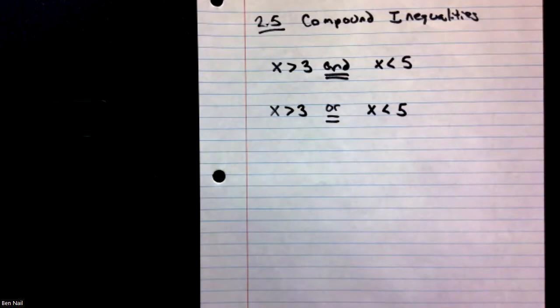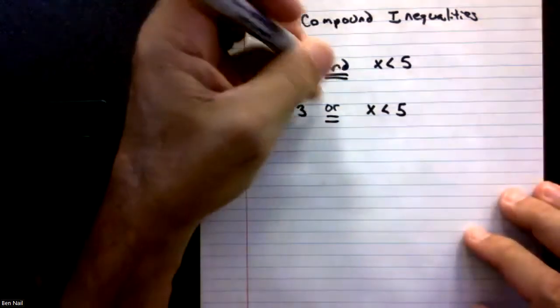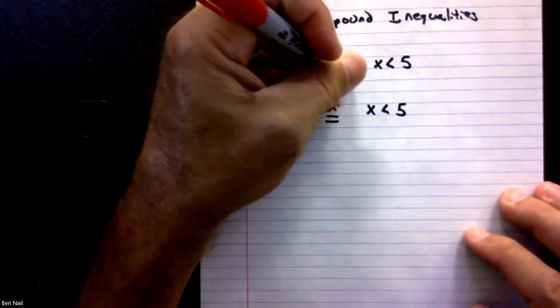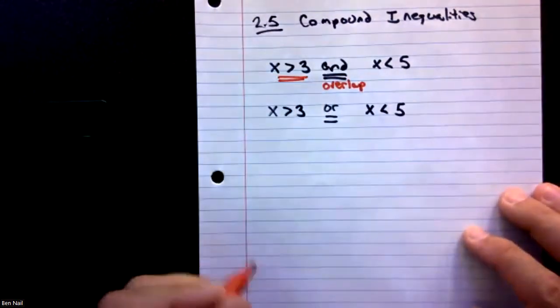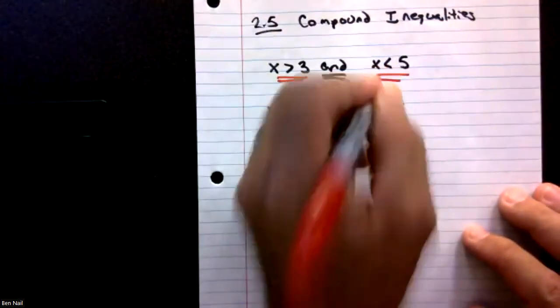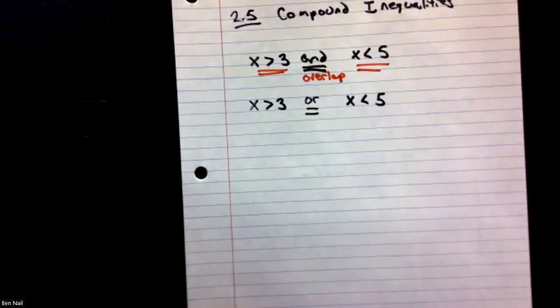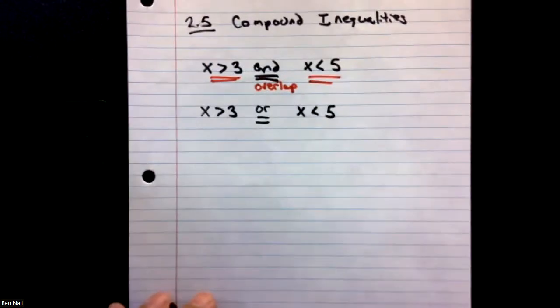It's extremely important that you understand that when and is present, both things have to happen, okay? We're looking specifically for overlap. It has to satisfy this, and it has to satisfy this. It has to do both, okay?